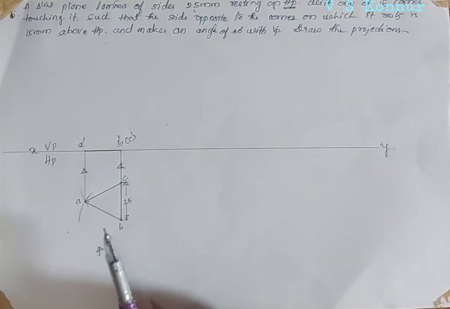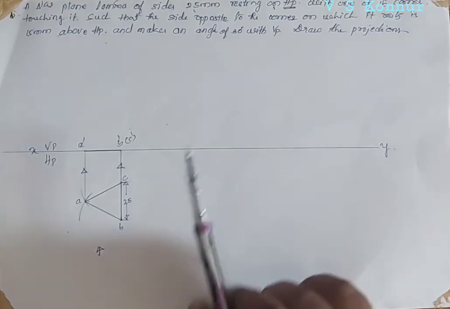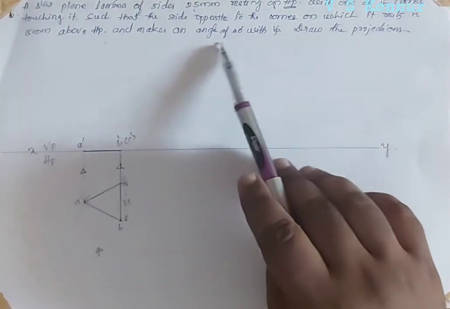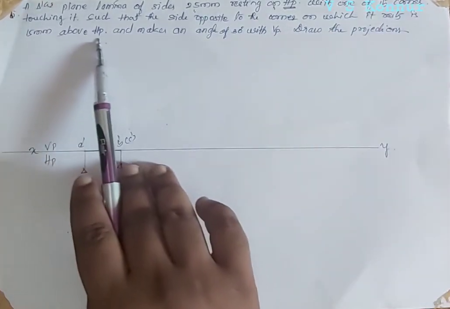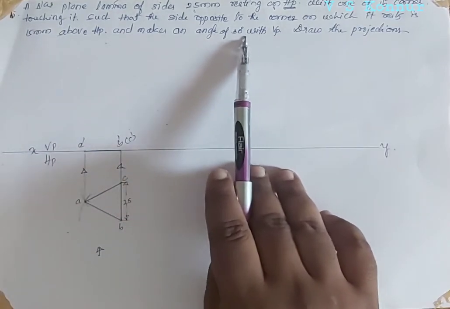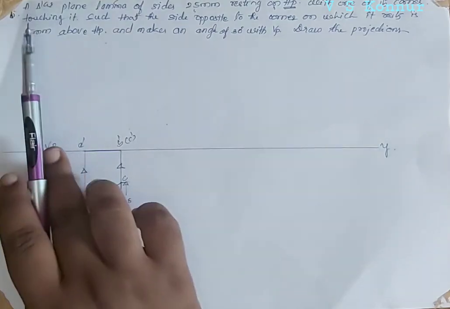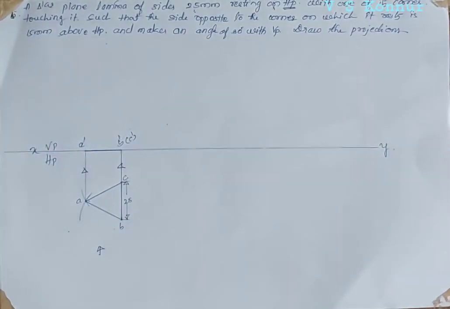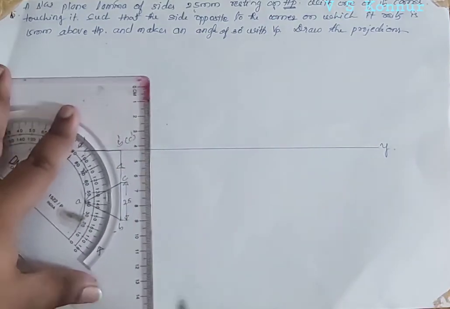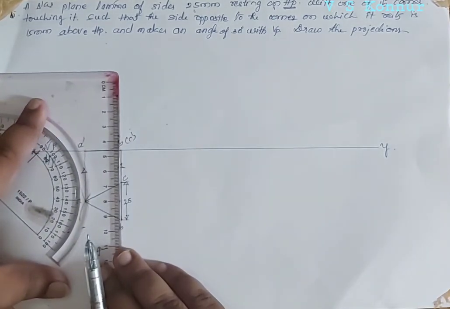Second position: when it is resting on HP, we should always consider the HP angle the first time. Now check whether the HP angle is given in the problem or not. It says it rests 15 mm above HP and makes an angle of 30 degrees with VP. We should not consider the VP angle in the second position because it is resting on HP. The HP angle we should consider is not given. Instead, 15 mm above HP is given. So we will take a 15 mm line, parallel to this.